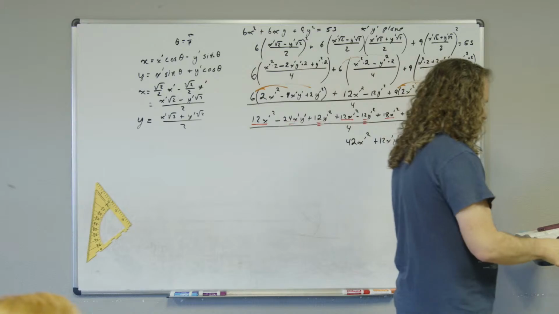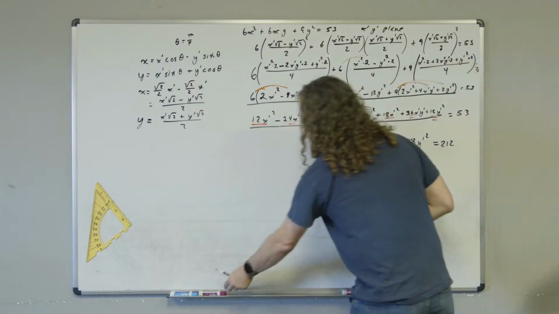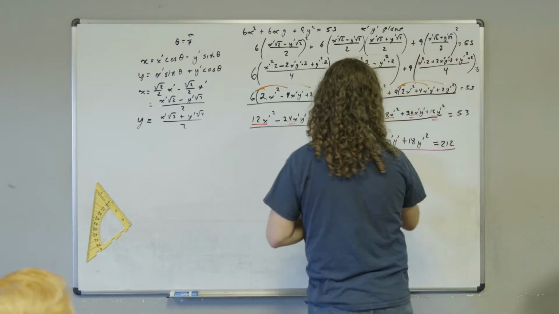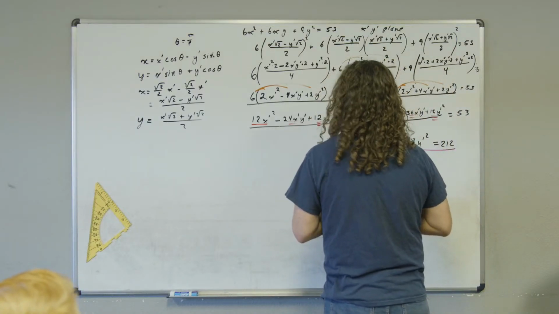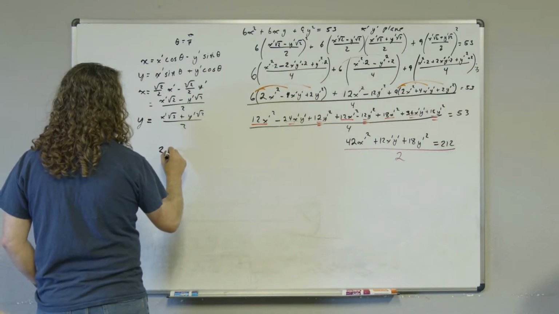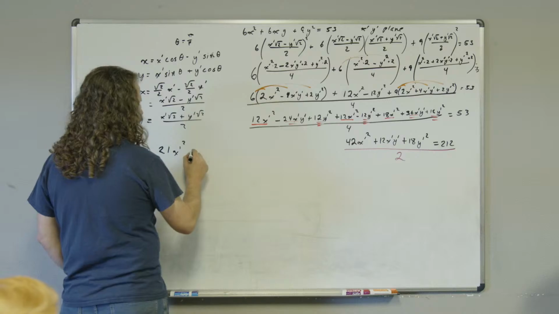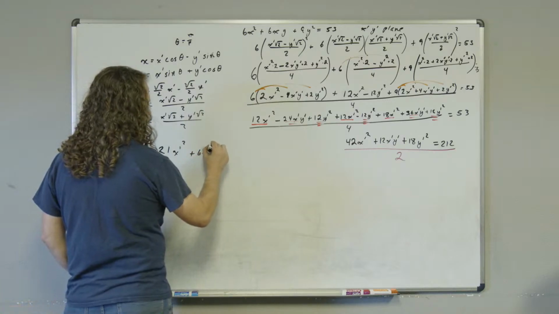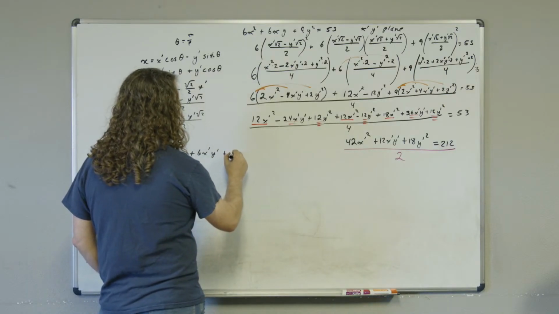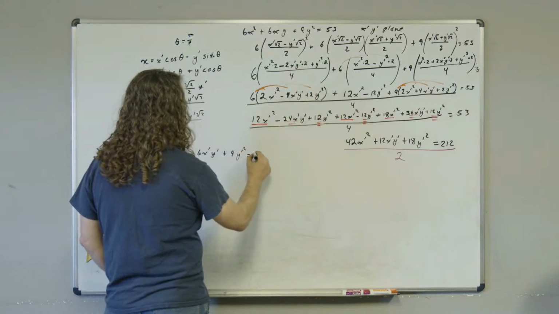Divide it all by 2. We can divide it all by 2. So we have 21x prime squared plus 6x prime y prime plus 9y prime squared equals 106.